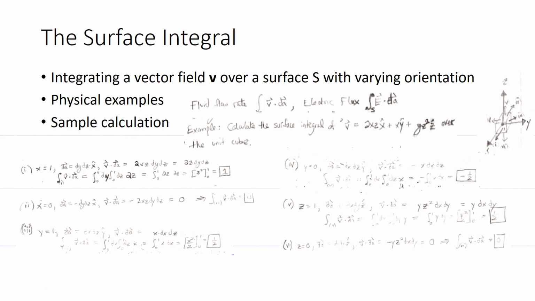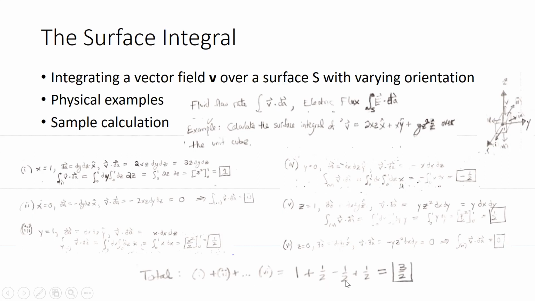So the total surface integral is going to be the sum of the surface integrals out of all of the individual sides, which would be 1 plus 0 plus 1/2 minus 1/2 plus 1/2 plus 0.